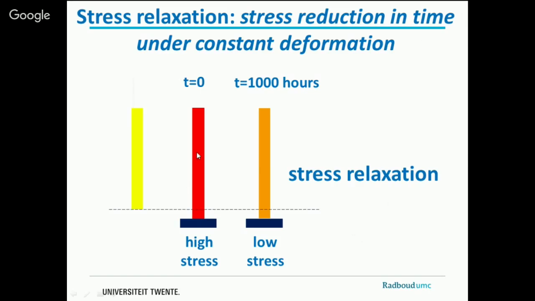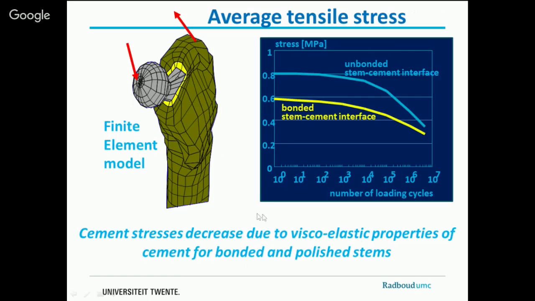There's high stress, that's why it's red. If we wait, stresses are reduced, that's why it's orange. Stress relaxation. So we apply that to our finite element model, and then we can see this is the average stress in the cement mantle of a bonded or an unbonded implant, and we see stress relaxation in both cases.